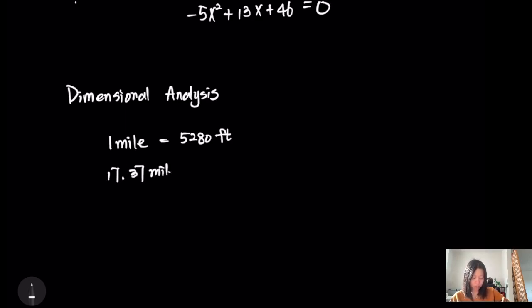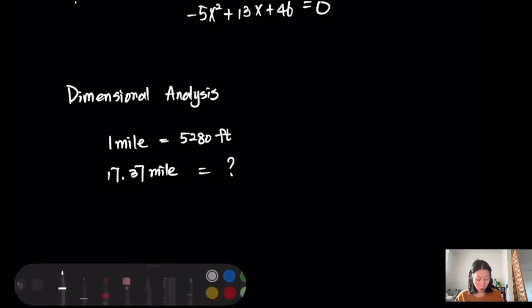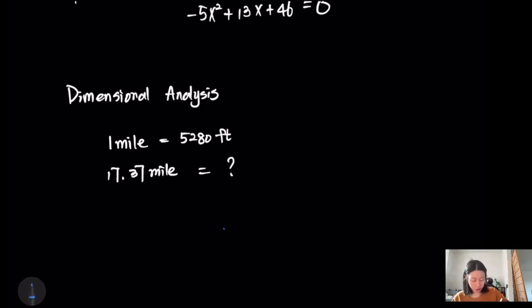But how do we convert 17.37 miles to how many feet? So now we can use our rational function to convert that. The ratio should always be the same, which means the miles over the feet should be equal, right?